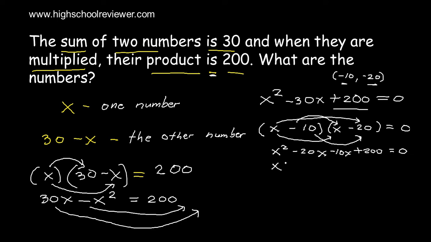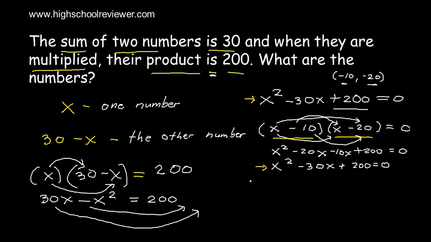This will be x squared, negative 20x minus 10x. This is negative 30x plus 200 equals to 0. So we are going to use this factoring x minus 10 multiplied by x minus 20.